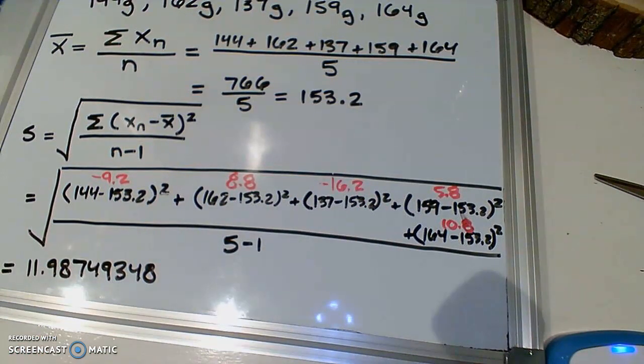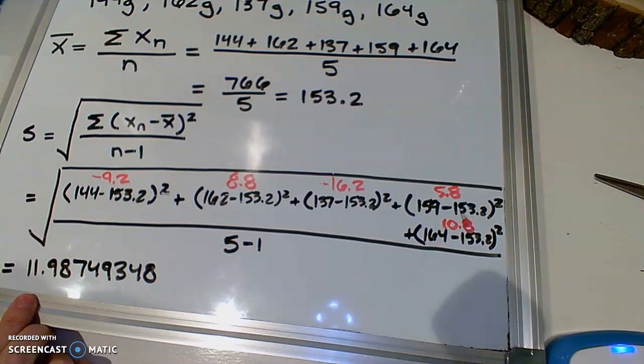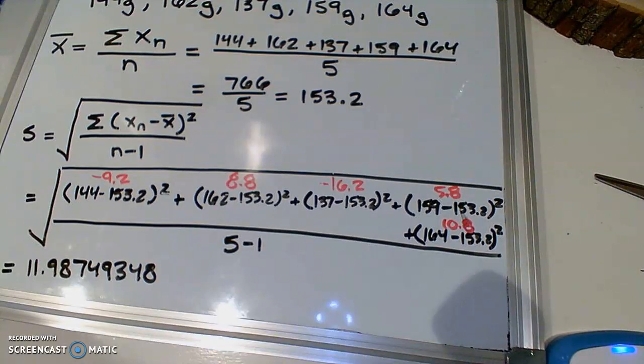All right, here is a really, really important rule for this class and chemistry in general. Standard deviations can only be reported to one significant figure. I'm going to say it again because it's so important. Standard deviations can only be reported to one significant figure.